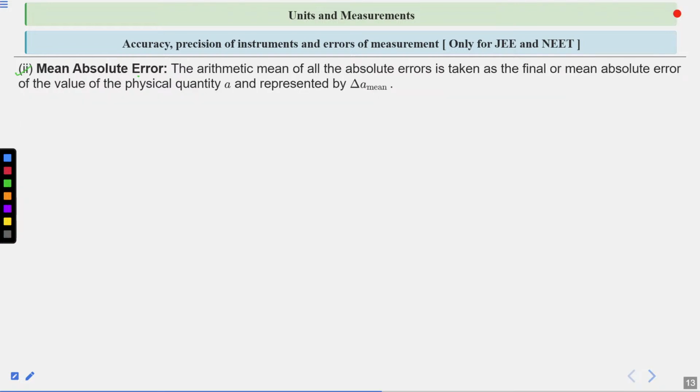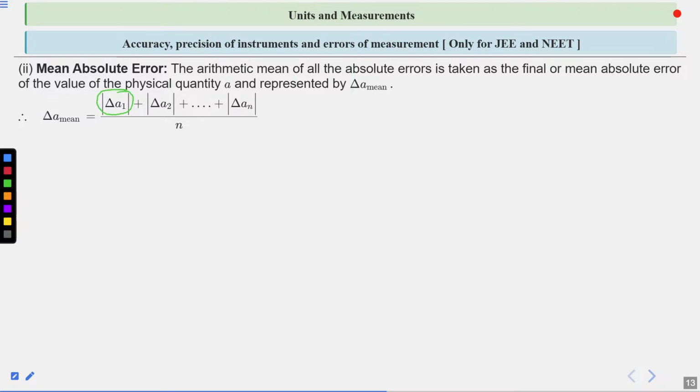Mean absolute error. The mean absolute error is the arithmetic mean of all the absolute errors, taken as the final or mean absolute error of the value of physical quantity A, and represented by delta A mean. So if we want to calculate the mean absolute error, look here. Mode of delta A1 is the absolute error.